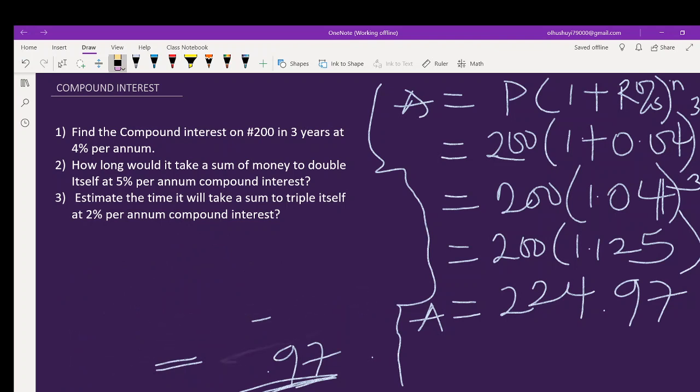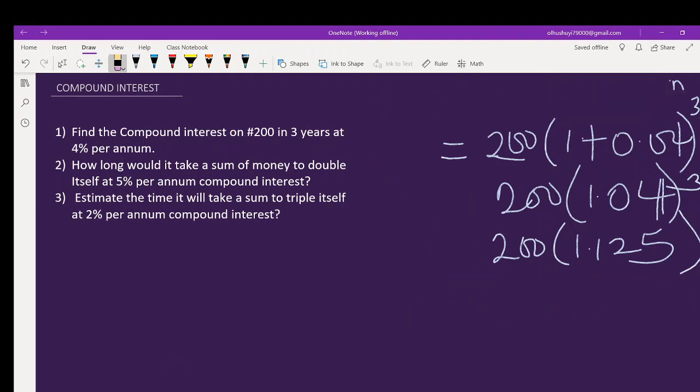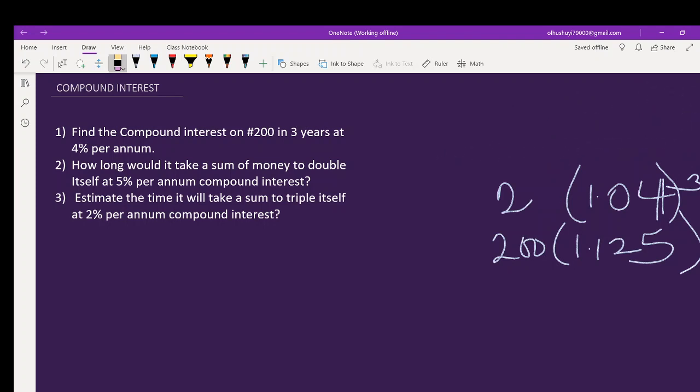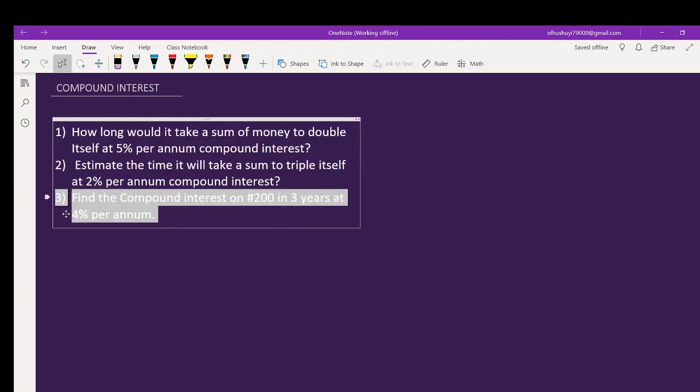The question 2 says what? How long will it take a sum of money?